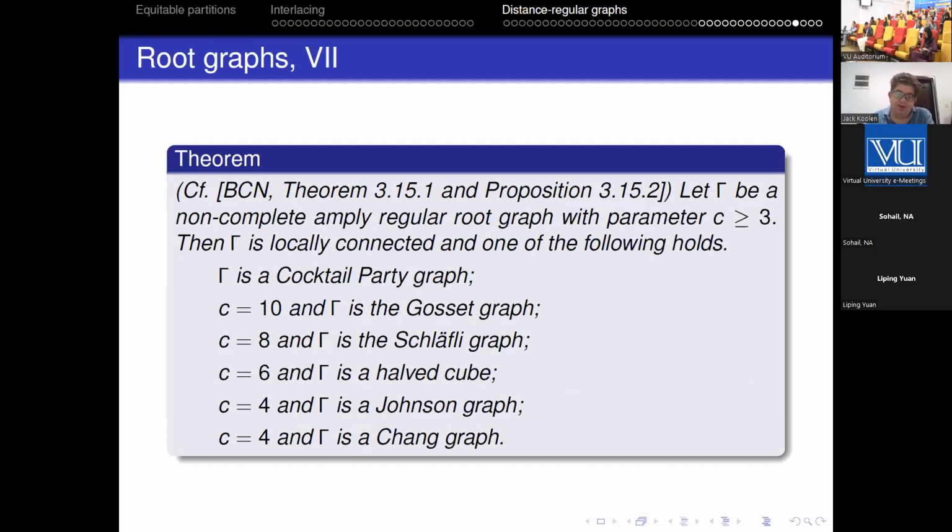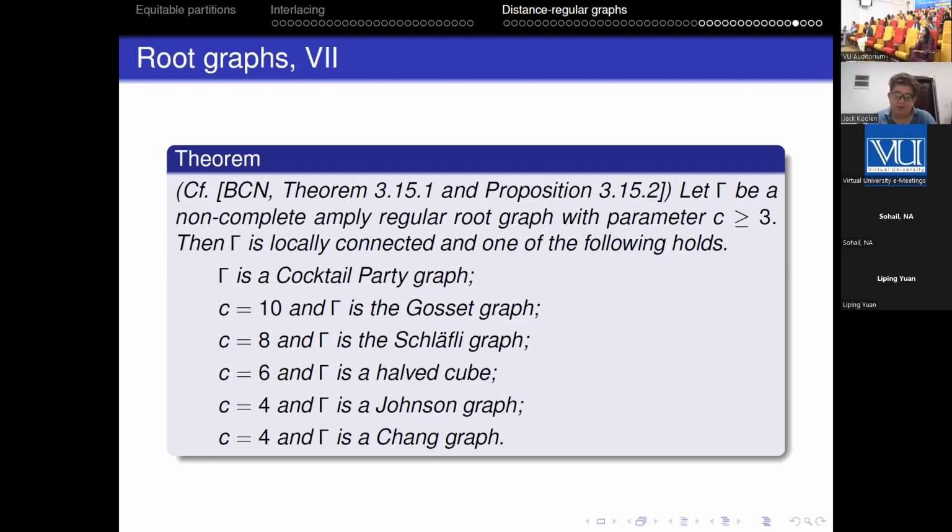So in 3.15.1 and 3.15.2, we have a complete classification of amply regular root graphs with parameter c at least 3. And then you get the cocktail party graphs. c is 10 and gamma is the Gosset graph. c is 8 and it is the Schläfli graph.